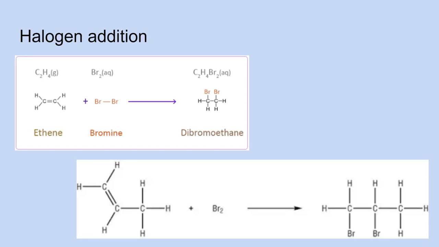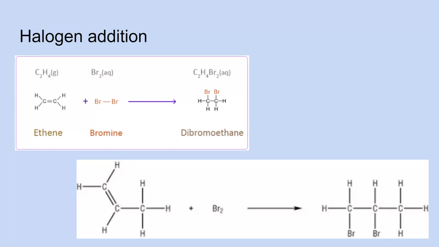So how would iodine be different? Hopefully you've worked out. Your Brs would just change to capital I's. Okay, be no different. Conditions exactly the same. So make sure you've drawn that for the first 4 alkenes and the products of them.